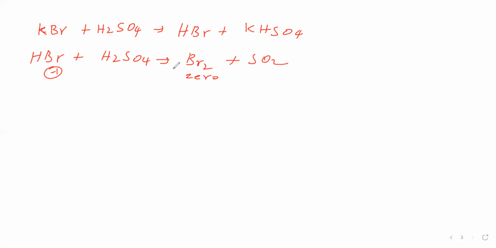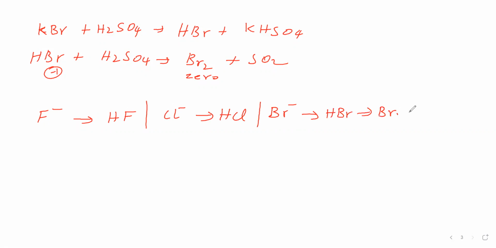Similarly, if you take potassium iodide, you will get I2. Okay. So with the concentrated sulfuric acid, F- gives only HF. Cl- gives only HCl. Br- gives HBr, which immediately converts into Br2. So remember that Br- with the concentrated sulfuric acid gives bromine Br2.